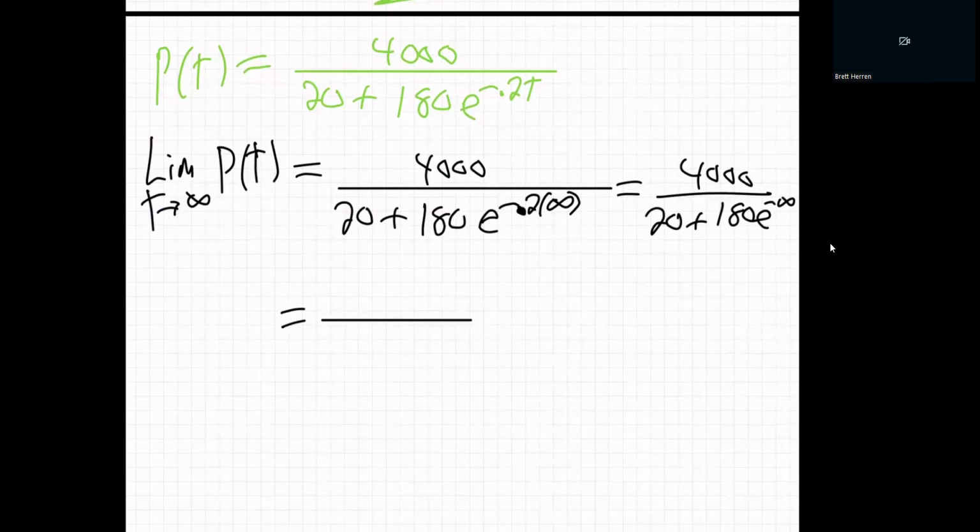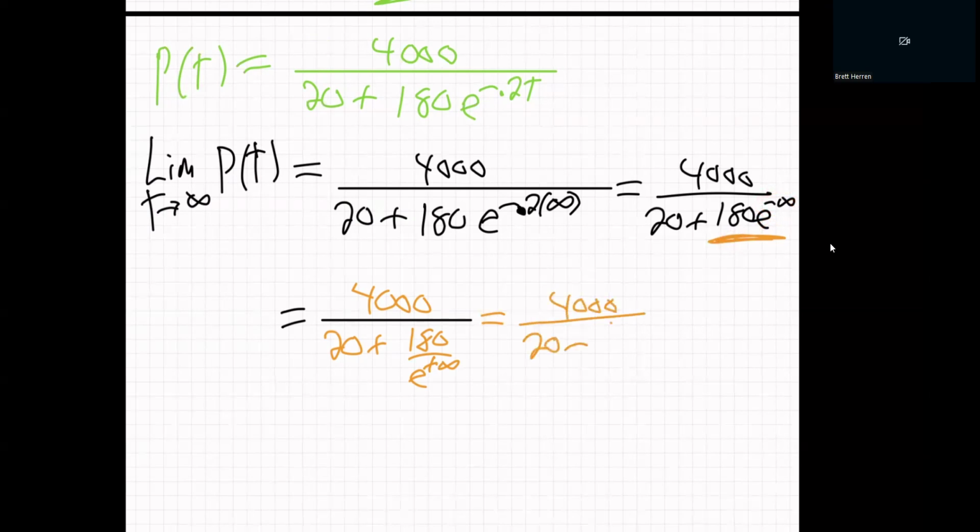So we have 4,000 over 20 plus 180 e to the minus infinity. Now, what do you do with that? Remember negative powers: a negative power jumps to the bottom of the fraction and becomes positive. So that is 4,000 over 20 plus 180 times e to the infinity.